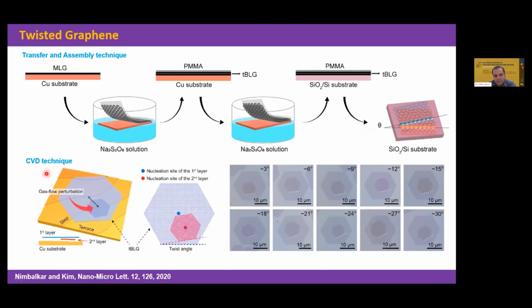Another technique involves direct chemical vapor deposition, where a new layer can be created. Say graphene has grown on a copper substrate as a single layer. A second layer growth can be initiated on the step edge, and that would have a relative rotation. The carbon honeycomb would have a relative rotation with respect to the first layer, and this can result in twisted bilayer with different rotation angles.